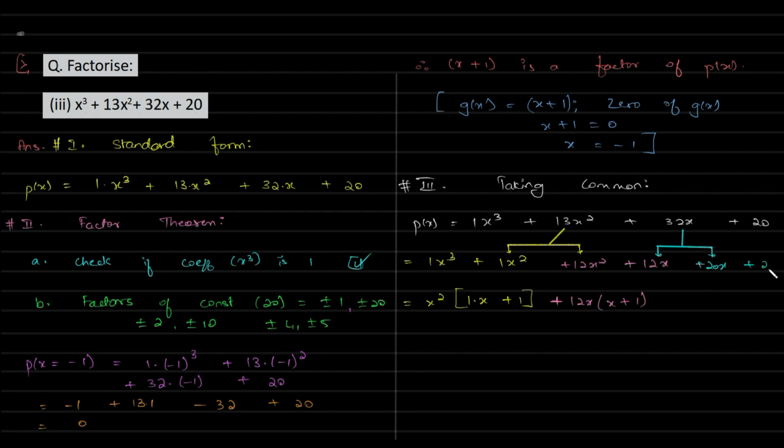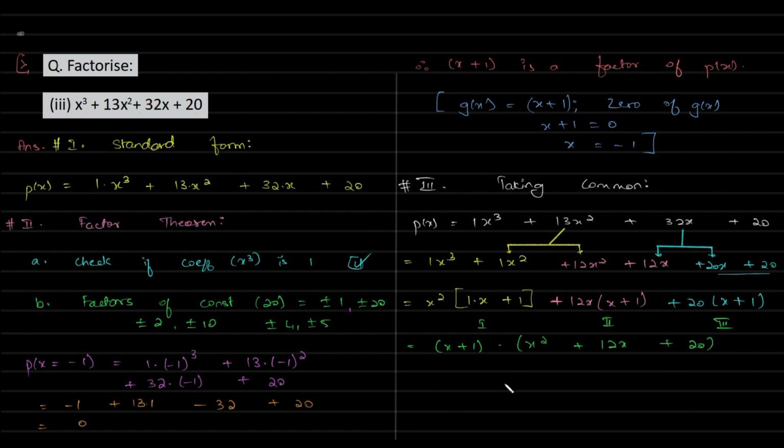So just copy the next term, 20, and what is common between these two? We will be left with x plus 1. So now we are looking at the first, second and third terms. What is common in all of it? x plus 1. What is left out? x square plus 12x plus 20.